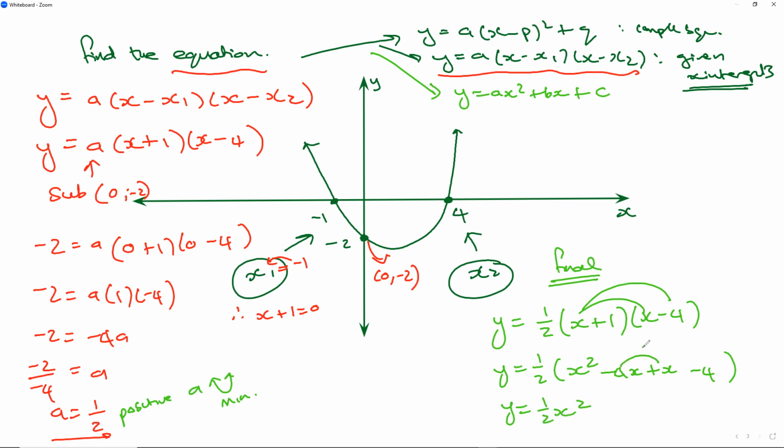That over there is minus 3x. So minus 3 over 2 x. And then half of 4 is 2. So minus 2. And that would be in standard form of a quadratic or a parabola. Okay, so that's the parabola, particularly looking at the graph and finding the equation as well.